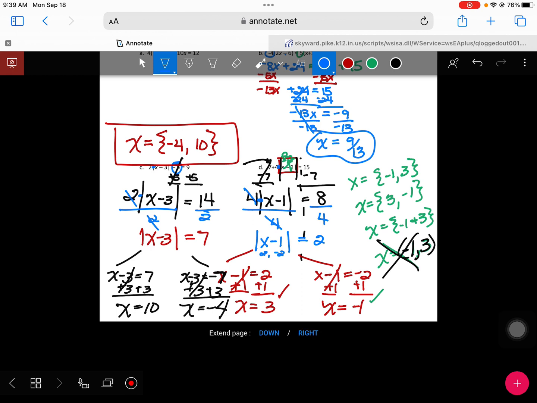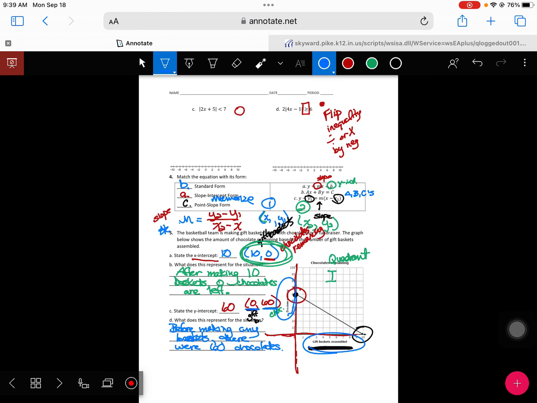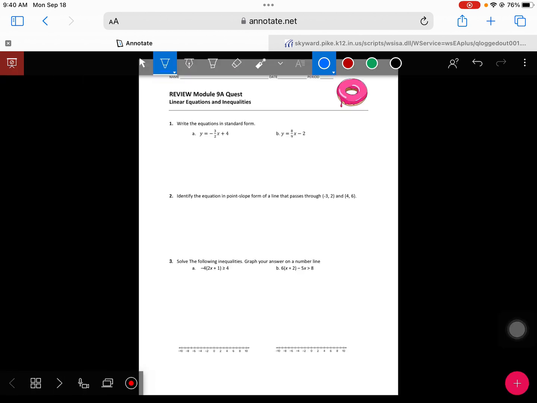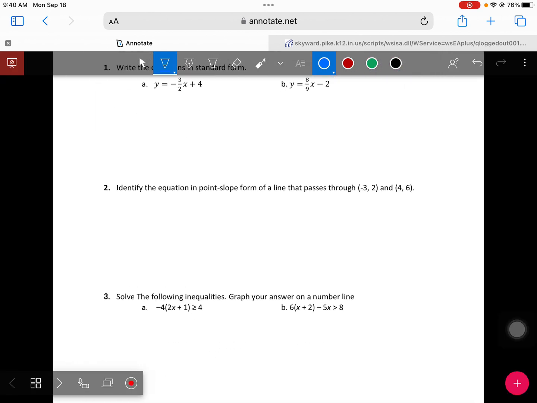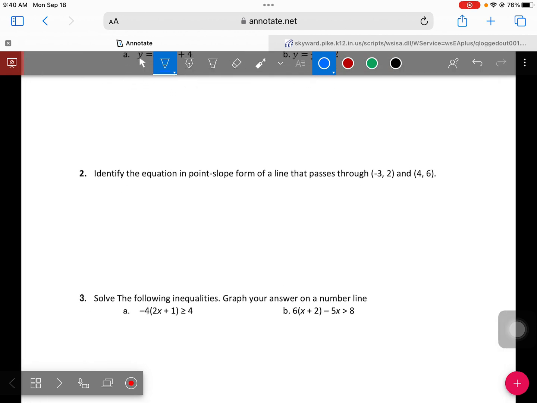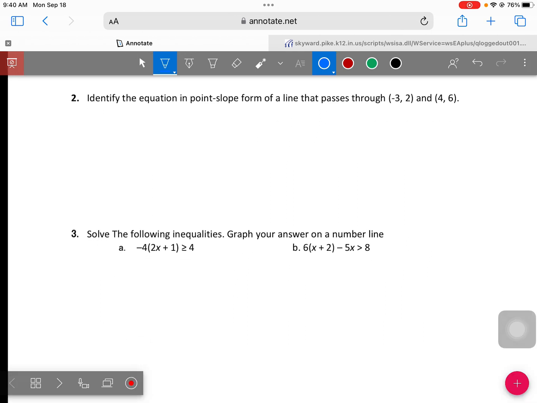Is this going to be on the test? Not the equations, they're not going to be given on the test. The equations, yes, are on the test, but you have to know which one is which. Except for this one. You have to memorize that one. The one we just talked about.